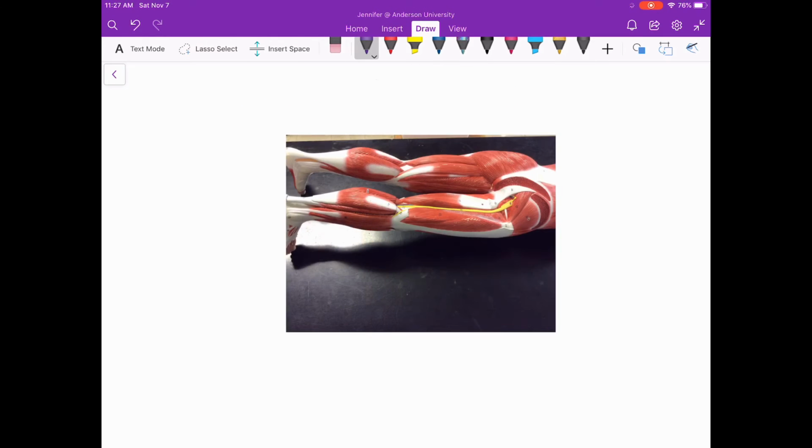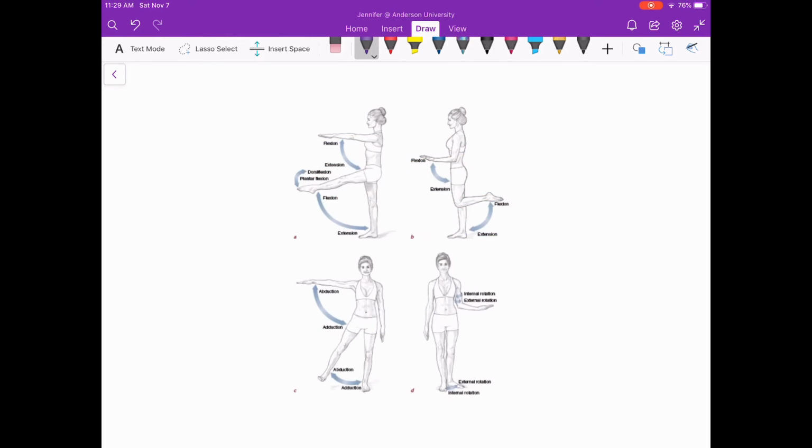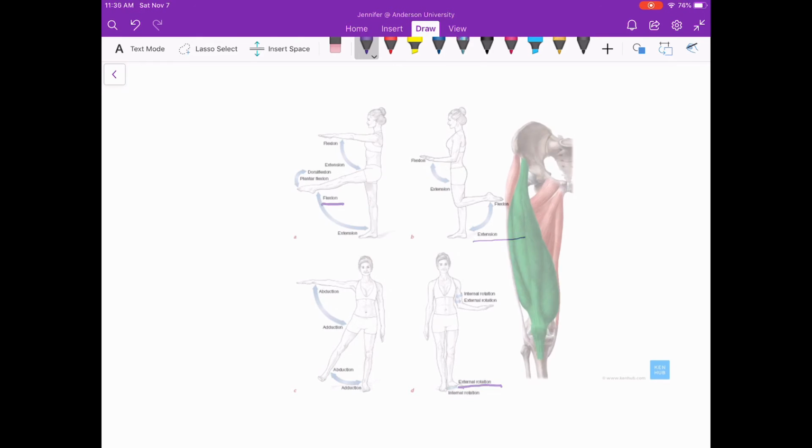We have a model showing the back of the thigh where the biceps femoris is located. We have a diagram where you can see the different actions, and so it's interesting to note that while the biceps femoris can extend the thigh, it can also flex the leg, and it laterally rotates the leg, so being able to do extension and flexion, it's acting on different joints and both.